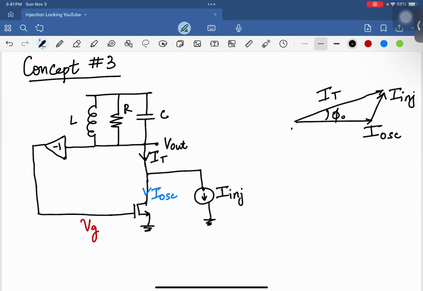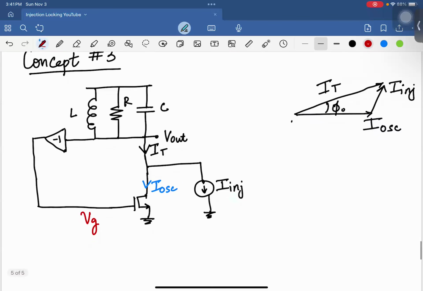Okay, so let's go through this phasor diagram again and see what happens, right? So you have VG again. You have I oscillation, right? And now I oscillation gets added with I injection. And you have IT coming out from that. And again, it's the same picture, right? IT is slightly phase shifted.